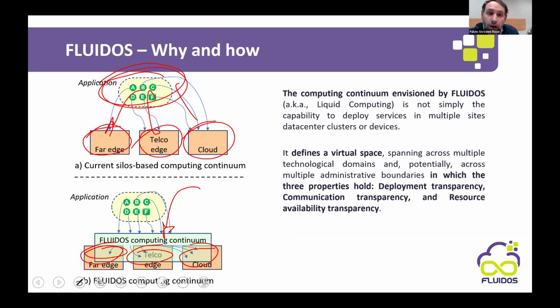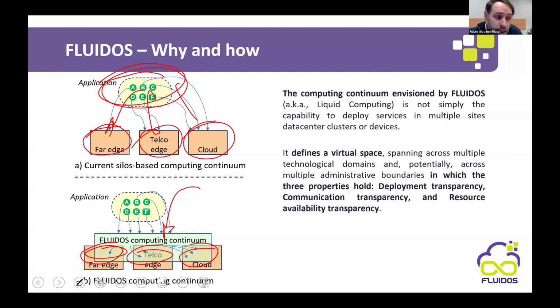So that when you deploy an application, you don't have to care where it goes, as long as it works and it is compliant with the quality parameters that you have to specify. For instance, maybe this application has to answer within 2 milliseconds. Okay, those are constraints that you have to set. But apart from the constraints, where the actual application or its components are deployed is something that is not so important for normal people. So this is basically FLUIDOS.